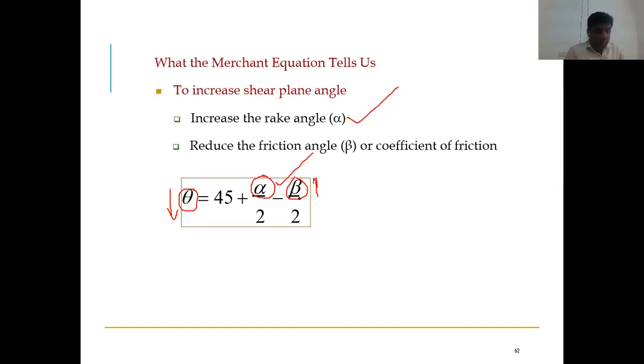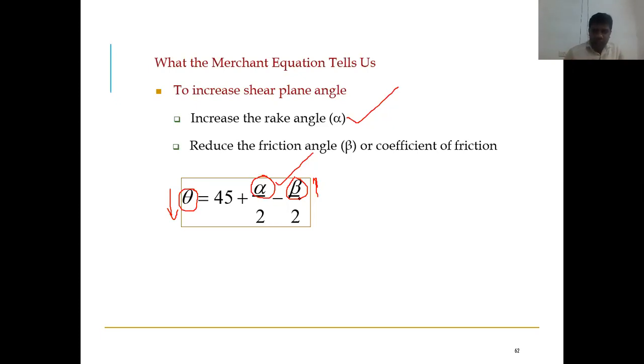As the shear angle is more, your shear area will be less. As the shear area is less, the force acting on the shear area is less. As the force decreases, your power requirement decreases, right? So this is clear. By reducing the friction, power consumption reduces in any process, whether it is the movement of a particular object or applying forces on any kind of body.